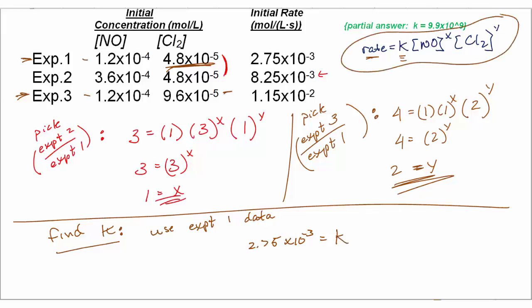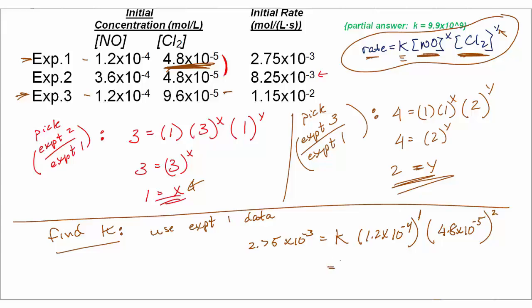The rate has to equal the rate constant times the concentration of NO. In experiment 1, NO is 1.2 times 10 to the negative 4, raised to the x, and I found my x to be 1, times the concentration of chlorine raised to the y. Chlorine in experiment 1 is 4.8 times 10 to the negative 5, raised to the y, and I found y to be 2.